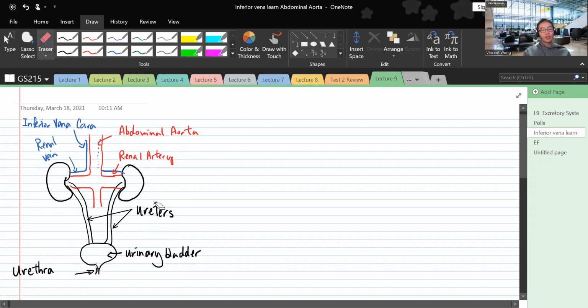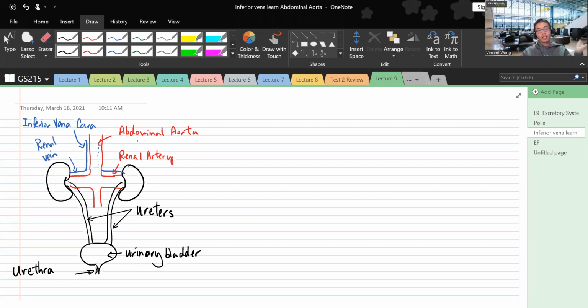Okay, so everybody has two ureters, but one urethra, and then the pee comes out. All right, so in men, the urethra is longer compared to the female one. So that's basically on a very gross level what the urinary system looks like.